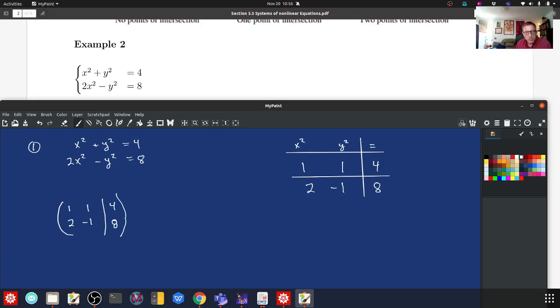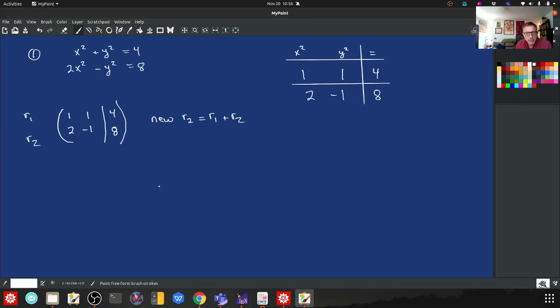So what we want to do here, remember this is my row 1 and my row 2. So my new row 2 is going to just be row 1 plus row 2. So let me get some more space up here.